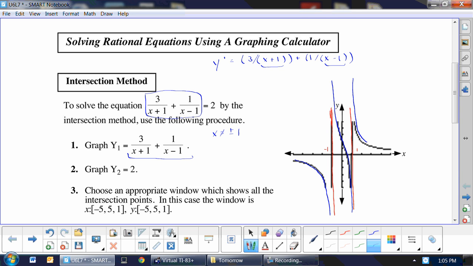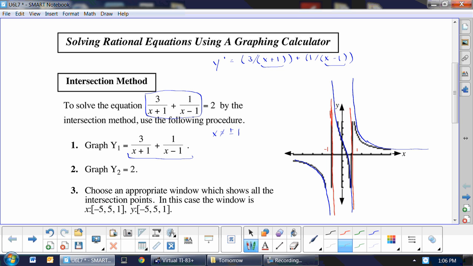Just like when we were first learning about non-permissibles, I said x can be anything but those non-permissibles. So x can be absolutely anything except 1 and except -1. And we can see that on our graph. We can see x will get closer and closer to 1 and -1, but it will never get to that point. These lines here are called asymptotes.